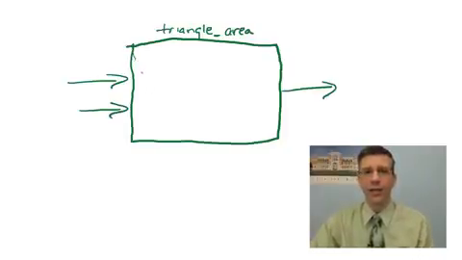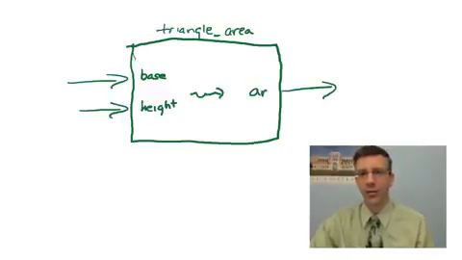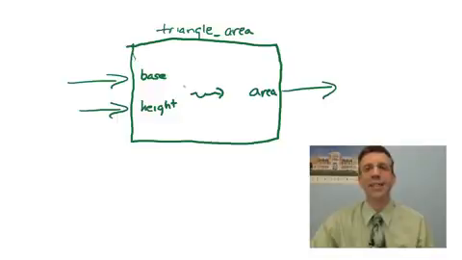The first input gets named base. The second input gets named height. Something happens here. We create an output. We call it area, and then it goes out. Now, the key point is that these names, base, height, and area, only exist inside this box. They only exist inside the function. You don't actually use them anywhere else.